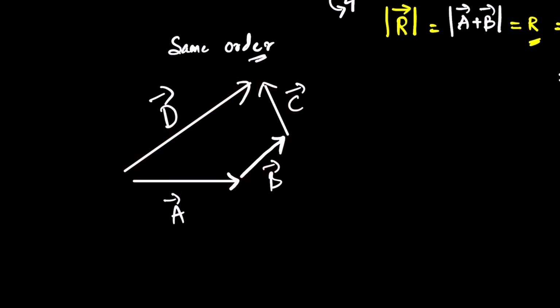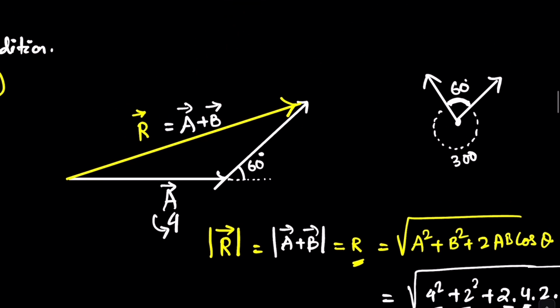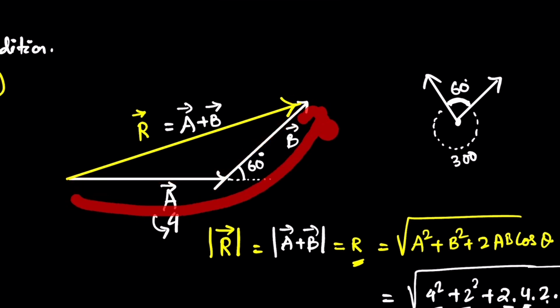In this example, a vector and b vector are in the same order, while r vector is in opposite order.